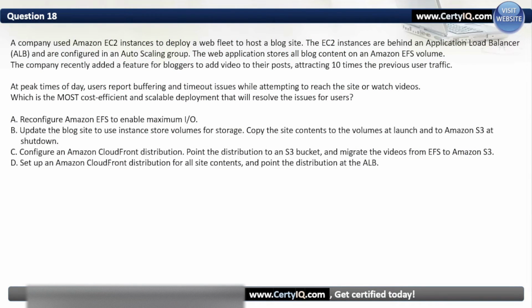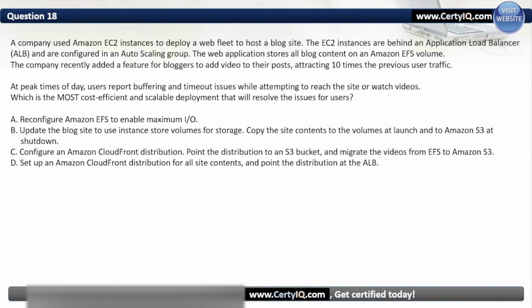Question 18. A company used Amazon EC2 instances to deploy a web fleet to host a blog site. The EC2 instances are behind an Application Load Balancer and are configured in an Auto Scaling group. The web application stores all blog content on an Amazon EFS volume.